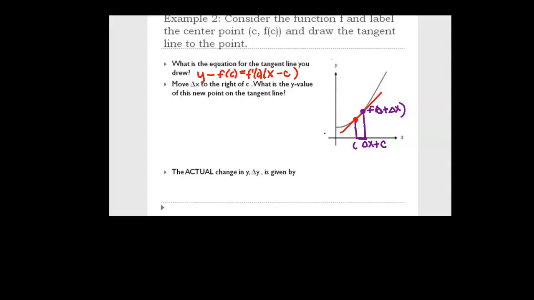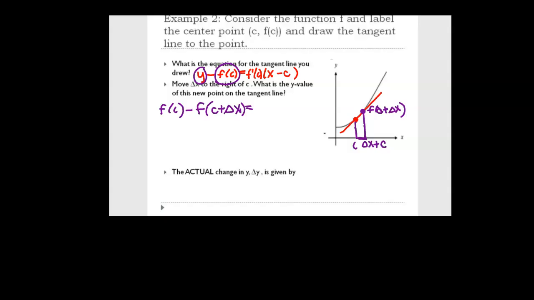Take all of that and now create your new tangent line. So now y is f of c plus delta x.